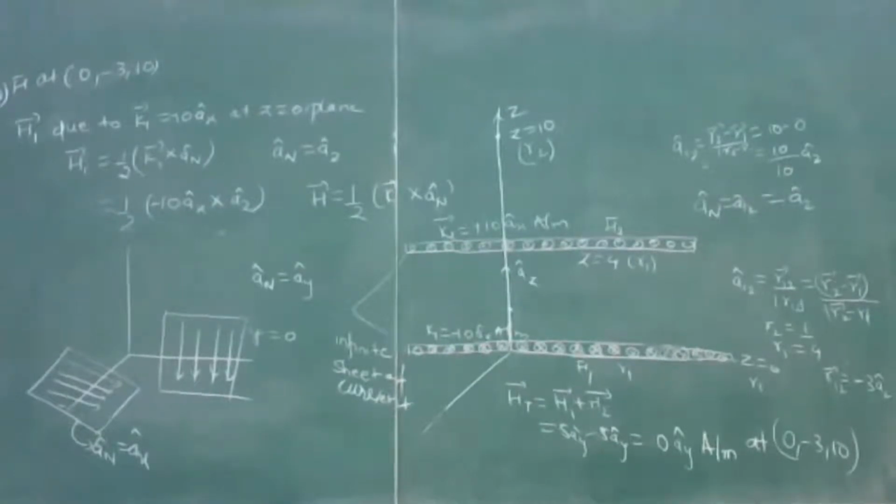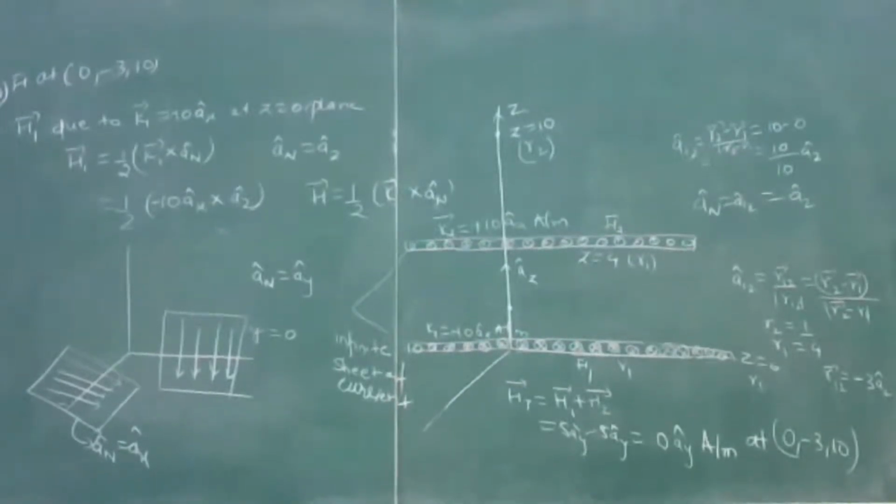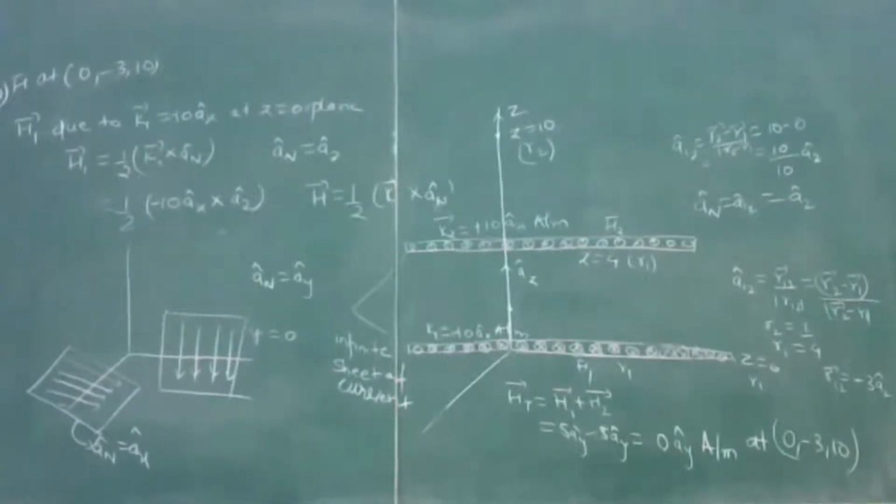Okay. Now we will move to find the expression of curl of H, or the derivative form of Ampere's circuital law.